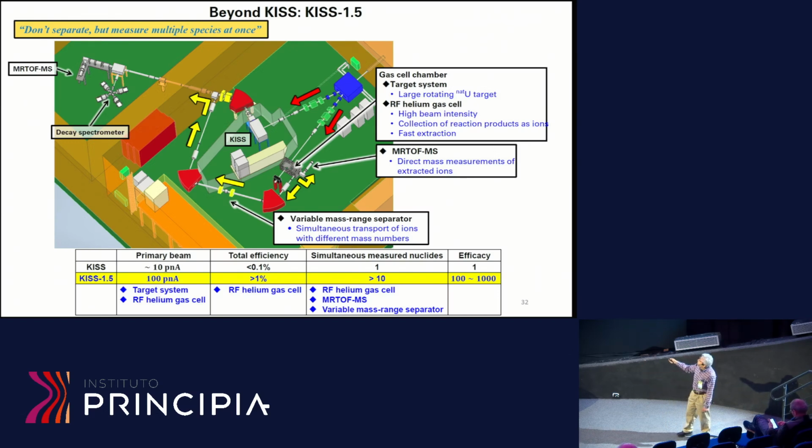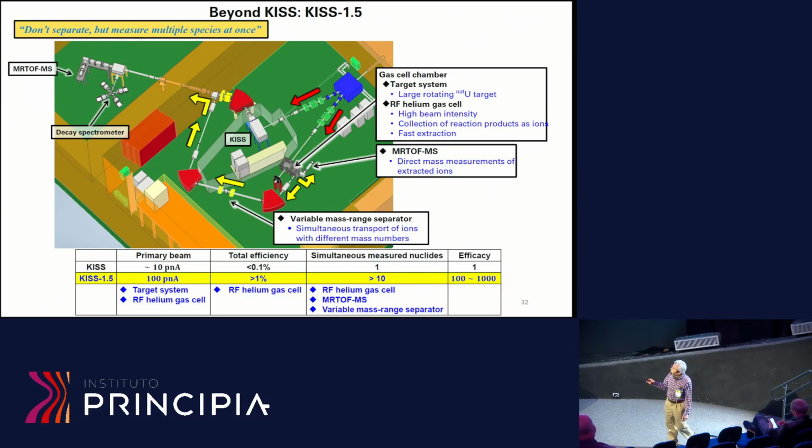Also, such reaction products can be transported to the existing spectroscopic lines, selecting the masses. This system, the barrier mass range separator, can select one mass or transport 5 adjacent masses simultaneously, and using the multi-reflection time-of-flight mass spectrograph, we can identify the neutron number as well as atomic number by the precise mass measurement, and perform the decay spectroscopy.